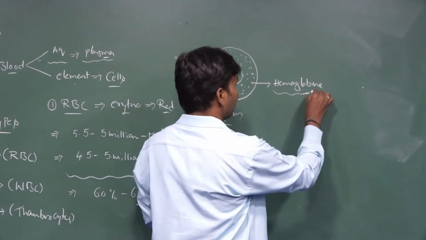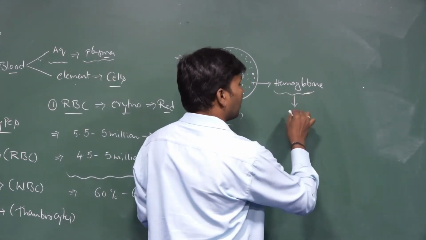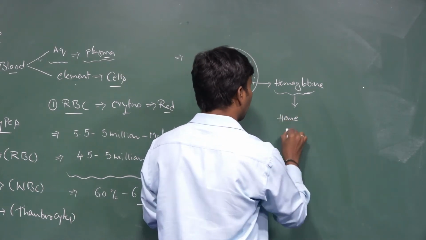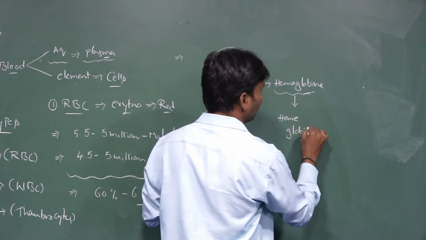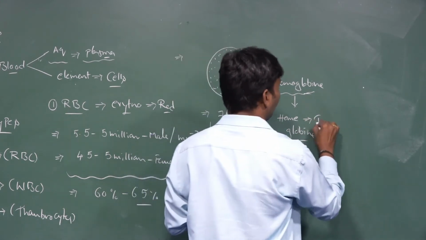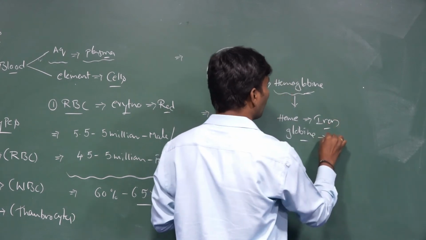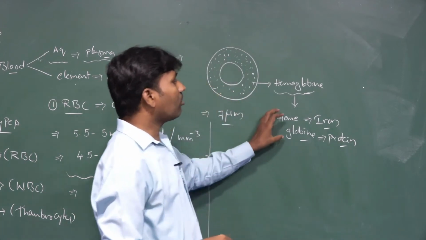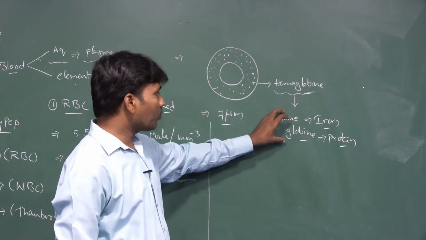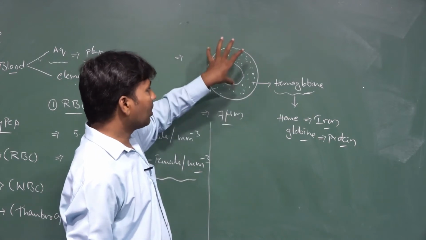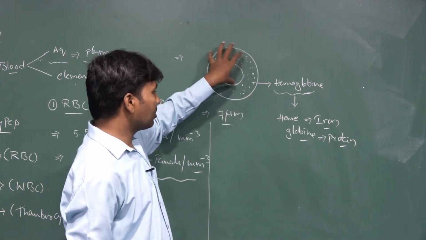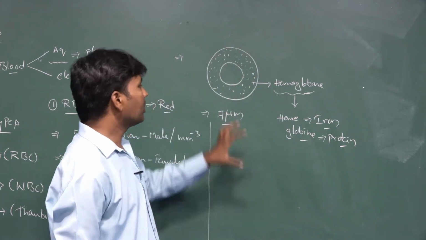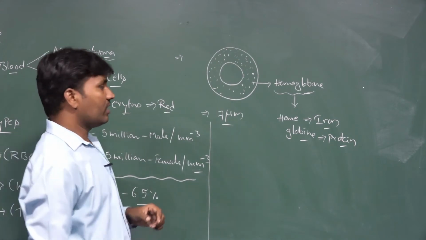Hemoglobin is a complex molecule formed by heme and globin. Heme is an iron molecule. Globin is a protein molecule, a conjugate protein. So the RBC is red in color.